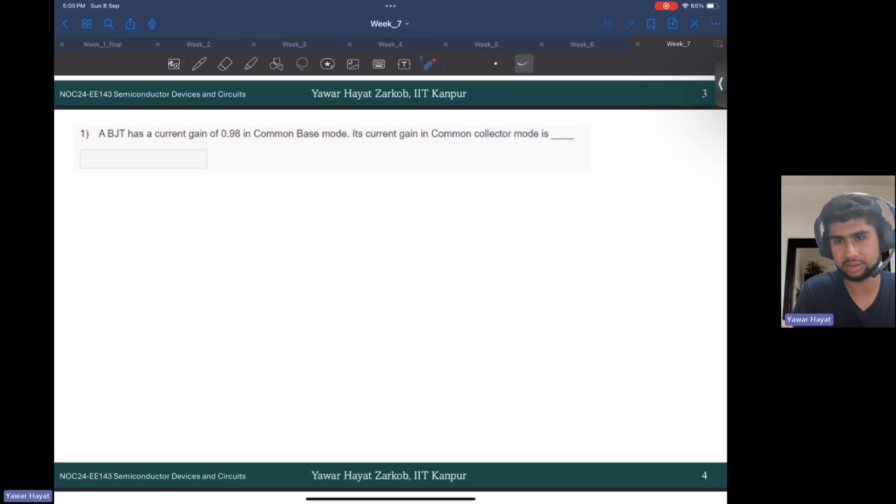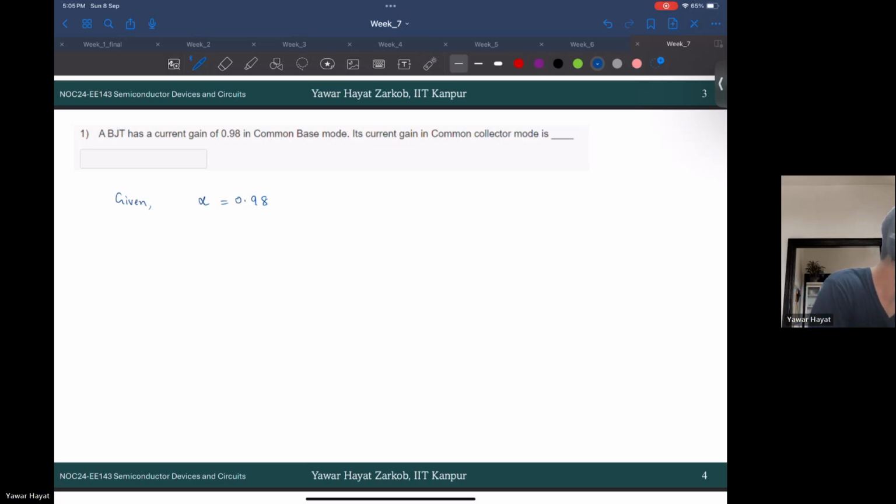The collector terminal in this mode is common to both the input and output circuits. Now, it's given that alpha is 0.98. What is alpha? Alpha is the current gain in the common base mode, which is equal to 0.98 as shown in the question.